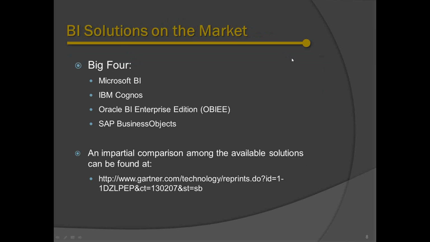Within the BI market, many companies have come up with solutions, but there are actually 4 main products available out in the market. Microsoft is one of them, and it's my favorite and my specialty. You also have a product from IBM, from Oracle, and from SAP. I really prefer Microsoft because it's highly flexible.